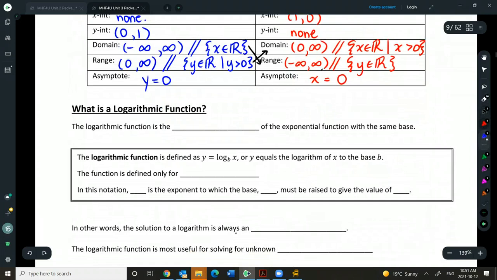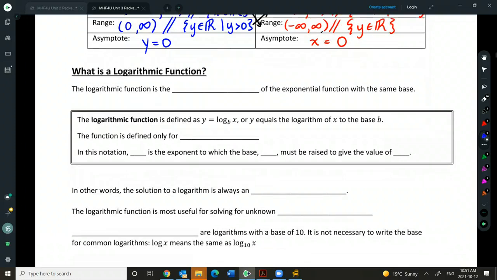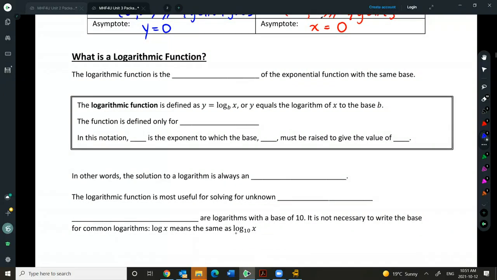All right, so let's talk a little bit about what is a logarithmic function, how some of these things work, and we'll go from there. So the logarithmic function is the inverse of the exponential function with the same base. So above we took a look at the exponential function with base 2 to the x, but of course we know we can have any exponential function with any base, right?